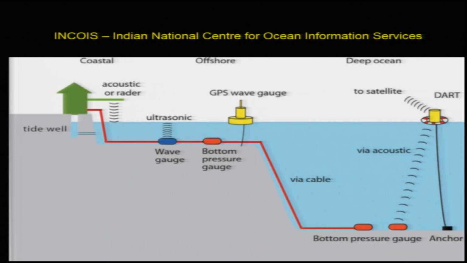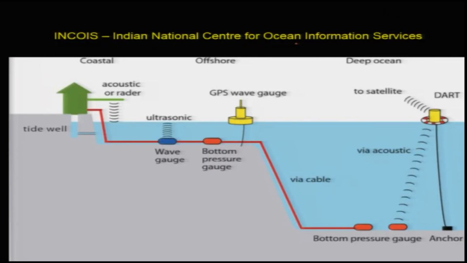In India, after the 2004 tsunami, the Ministry of Earth Science came up with an organization known as INCOIS, the Indian National Center for Ocean Information Services, which now gives early warning if we have a tsunami, not only from the Andaman subduction zone or Sumatra Andaman subduction zone, but even if the tsunami is triggered from the Sumatra area.